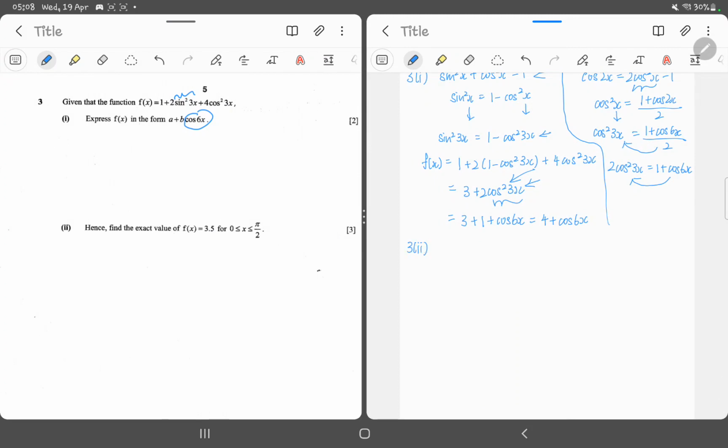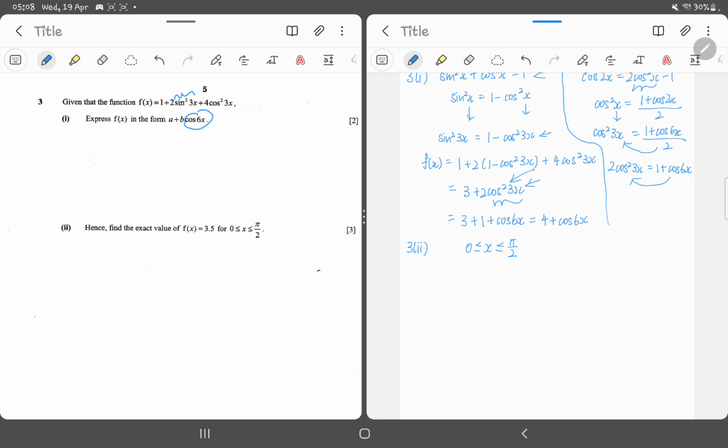Hence, find the exact value of f(x) equals 3.5 for x between 0 and pi over 2 radians inclusive. So for this question, x is between 0 radians and pi over 2 radians inclusive.